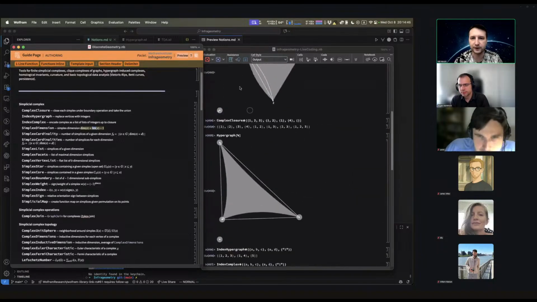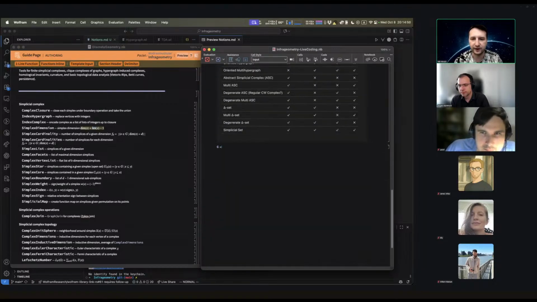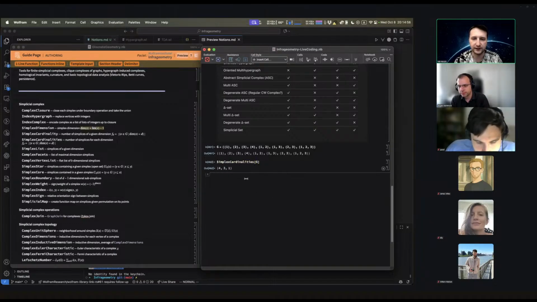If you have an arbitrary simplex like that, which is a triangle, the simplex cardinality in the plural would be a list of all the possible dimensions: there are 4 zero-dimensional points, 3 one-dimensional edges, a single face. This list is also related to topological numbers, like Betti numbers, so that you can easily compute things like the Euler characteristic of the complex.